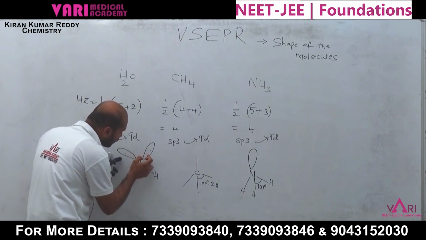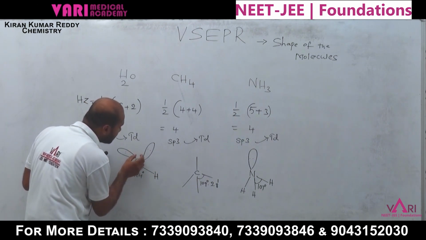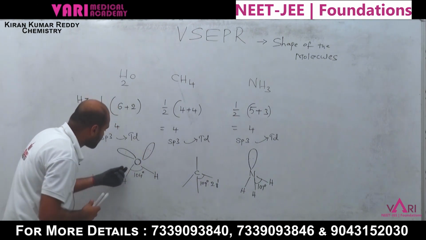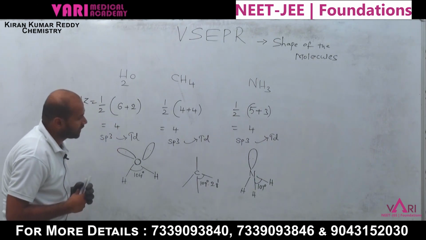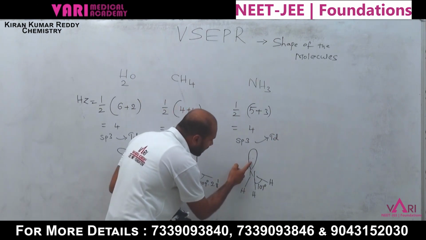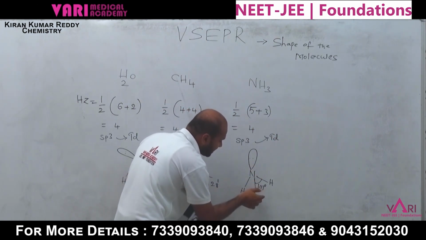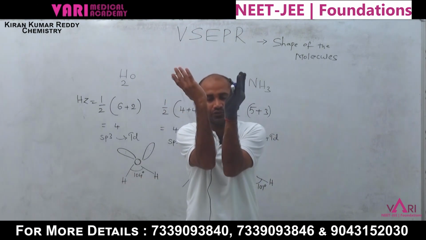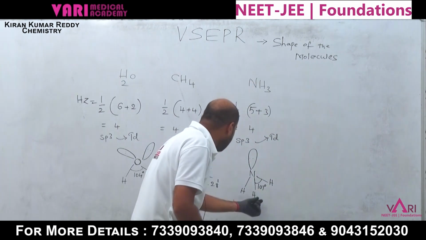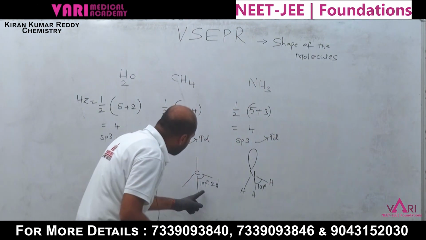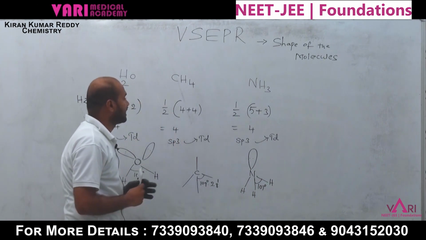Here is the lone pair. Lone pairs are more spacious because of the repulsion between each other. That's why it goes from 109 degrees 28 minutes to 104 degrees. Here the lone pair bond pair repulsion gives 107 degrees. With repulsion, the bond angle decreases. Here is 107 degrees. This one is the normal tetrahedral, 109 degrees 28 minutes.